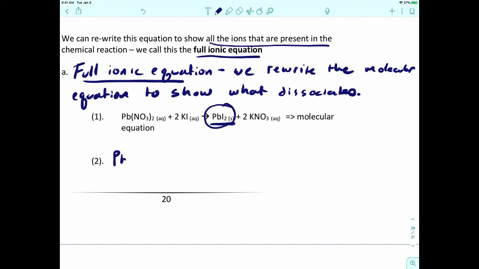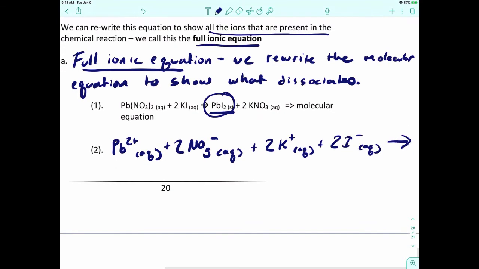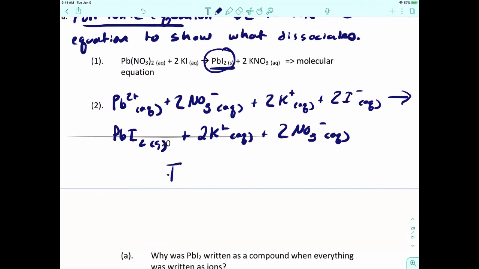So we would have Pb2+ aqueous plus 2 moles of NO3- aqueous plus 2 moles of K+ aqueous plus 2 moles of I- aqueous, and that all yields PbI2, which is a solid, plus 2 moles of K+ aqueous plus 2 moles of NO3- aqueous. And so there it is. This is your full ionic equation.